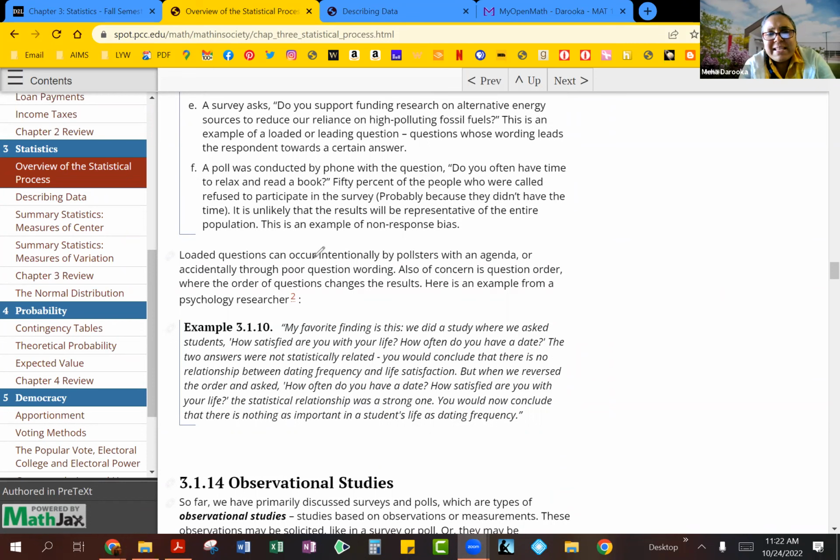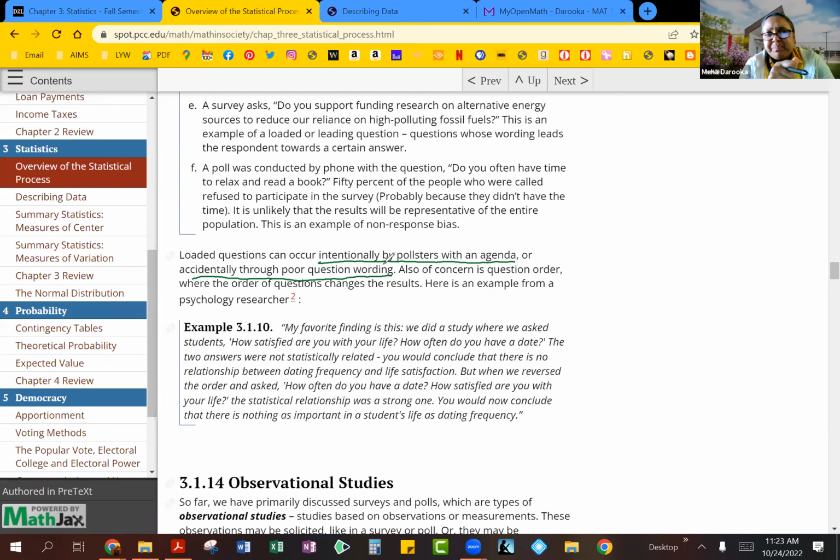You can intentionally have a loaded question, maybe by someone who already has an agenda and is trying to get specific answers. But a lot of times it can also happen just because we were not thinking and worded the question poorly, right? So it's not always intentional. And I can imagine sometimes it's hard to distinguish if it was done intentionally or not.